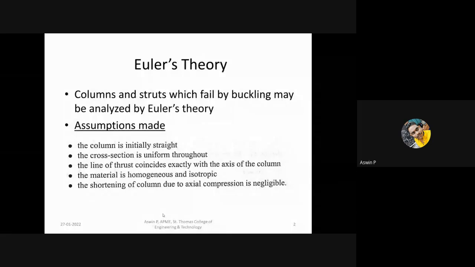Subheading: the columns and struts which fail by buckling may be analyzed by Euler's theory.